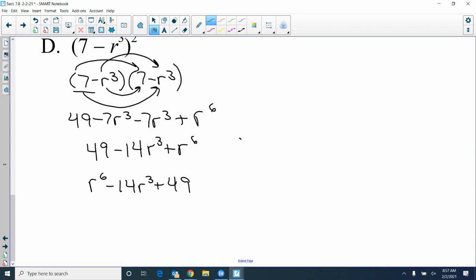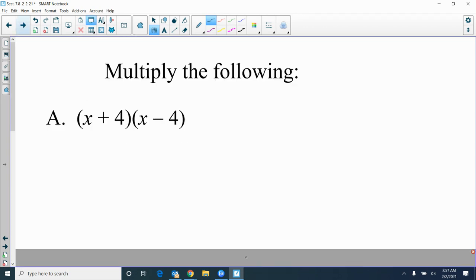What happens on the ones on the bottom, though, you can't write this as something squared because they're different. This is a plus 4 and it's a minus 4. This is when you're going to end up with a difference of squares for your answer. X times x is x squared. X times negative 4 is negative 4x. 4 times x is plus 4x.